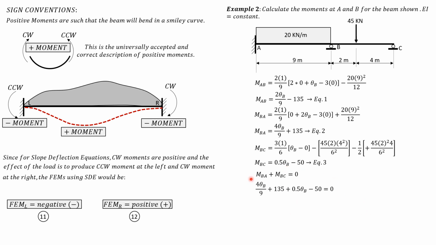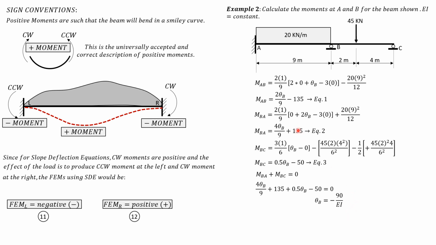Finally, we can solve for theta B. Theta B is 50 minus 135 divided by the quantity 4 over 9 plus 0.5. So theta B is negative 90 over EI. Remember that we do not include EI here. We assume it is 1, but when you compute for rotation, it is equal to the value divided by EI.